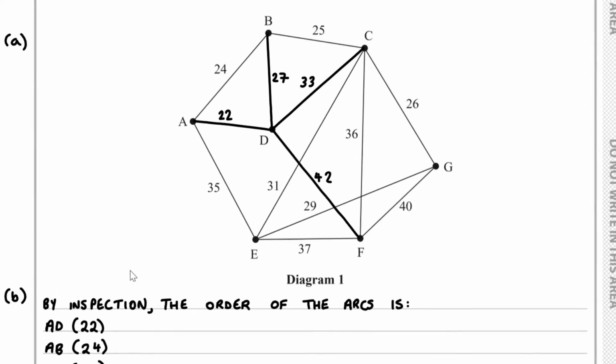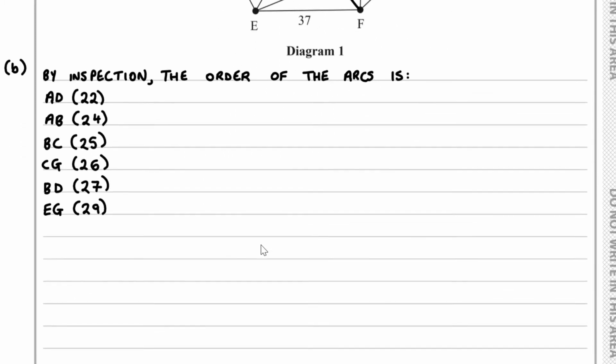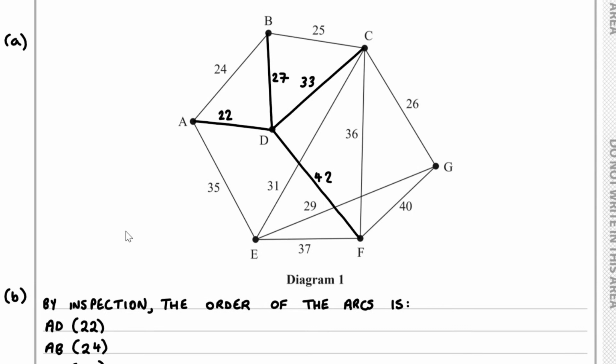Then we have CE with weight 31. Then we have CD with weight 33.